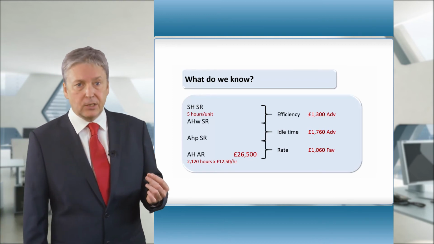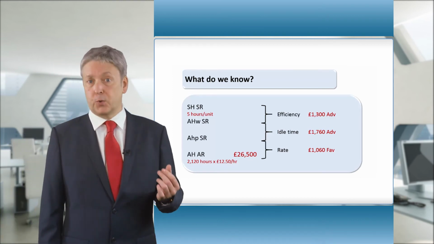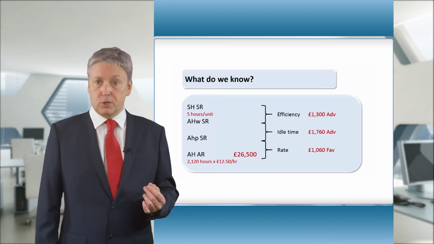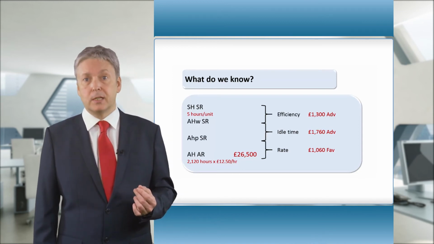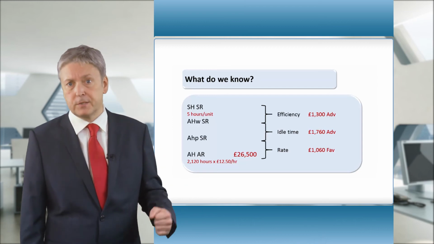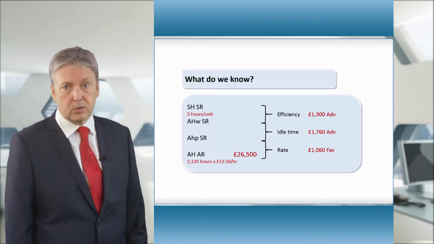So we can calculate that actual hours times actual rate are 26,500. We've also slotted on the right-hand side the variances. So we have an efficiency and an idle time variance, both of which are adverse, and we have a rate variance, which is favourable.